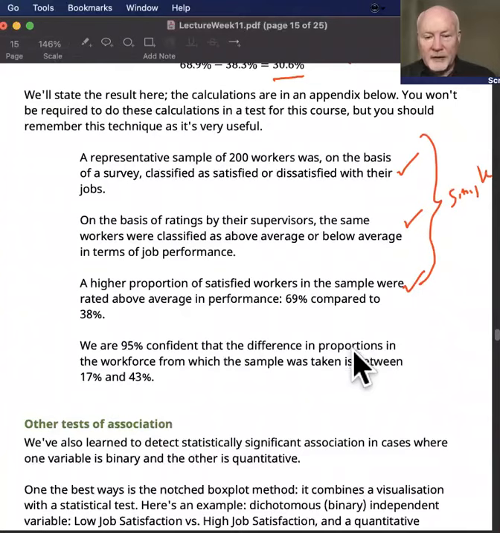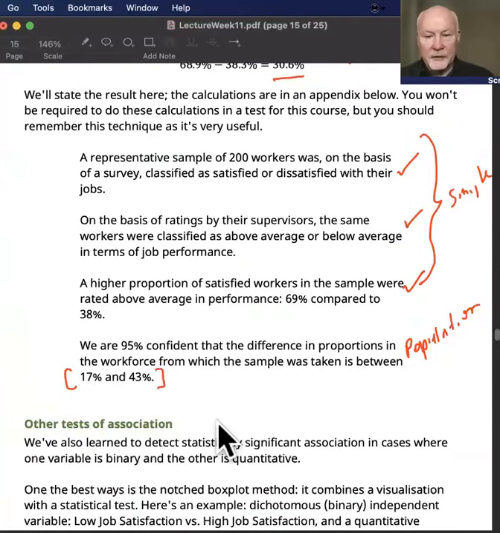We are 95% confident that the difference in proportions in the workforce from which the sample was taken, that's the population of interest, is between 17% and 43%. So that's about the population. And what you can see is that confidence interval does not include 0.